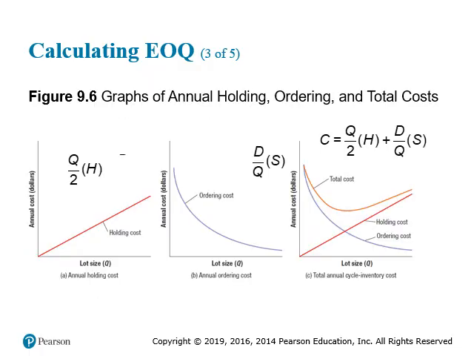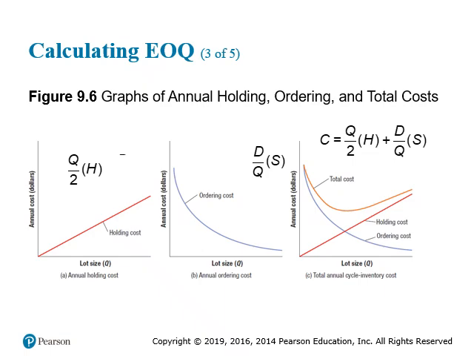So when we think about those costs as they arise off of that sawtooth diagram, the holding cost, we said, is the amount that it costs to hold a unit for a year times the average inventory. Average inventory we saw was Q over 2.